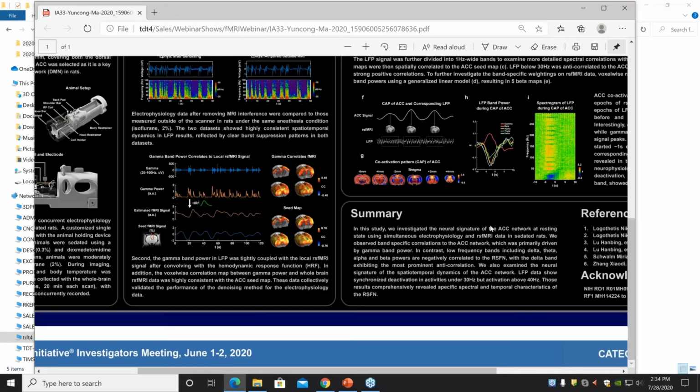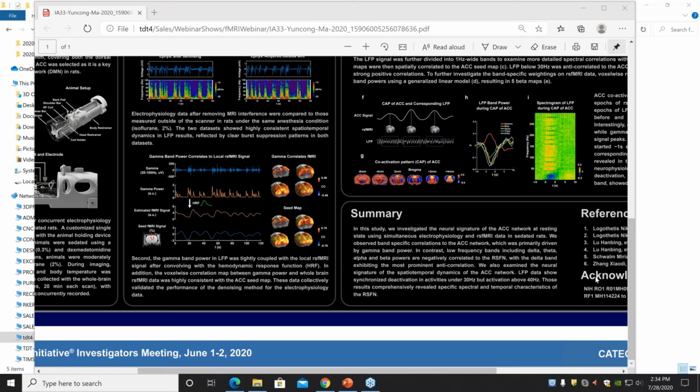Yeah, that's cool. So based on the literature, the gamma band power is tightly correlated to the fMRI signal. So we replicate the method, get the gamma band power from the ACC, convolve it with the hemodynamic response function, and compute the correlation to the whole brain voxel-wise resting state fMRI signal.